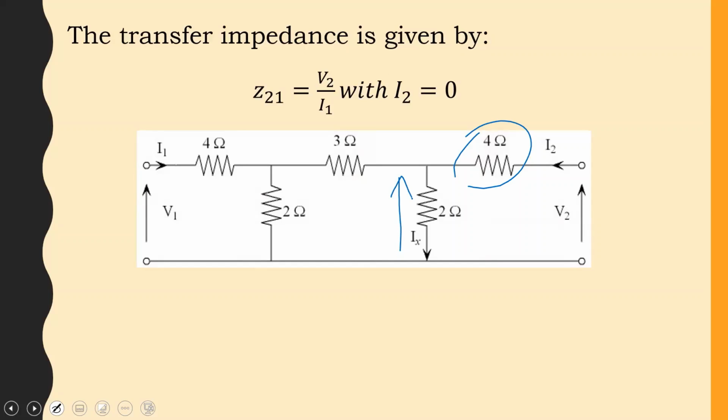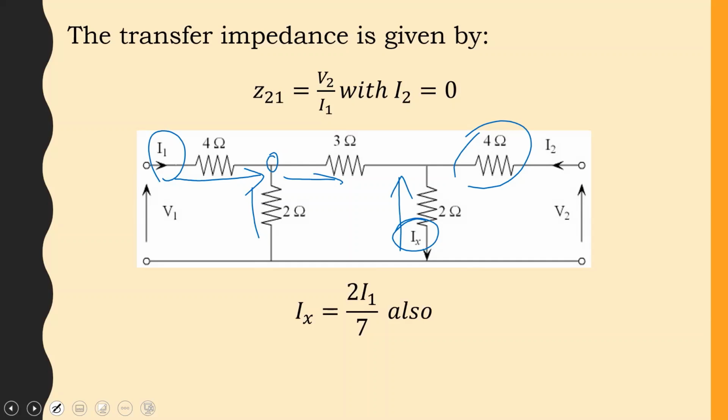What I'm interested in is finding IX with respect to I1. So I1 will pass through the 4 ohm, and divide between the 2 and the 3. Whatever goes through the 3 will go through the 2. So it is current division between 2 and 5.